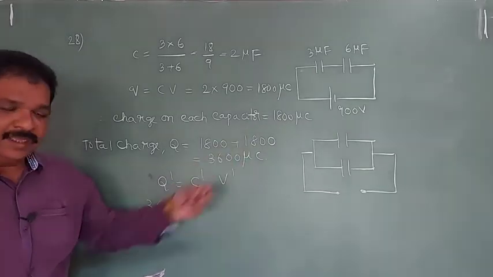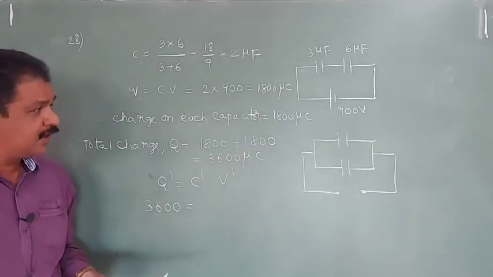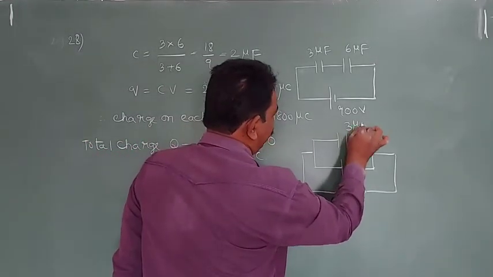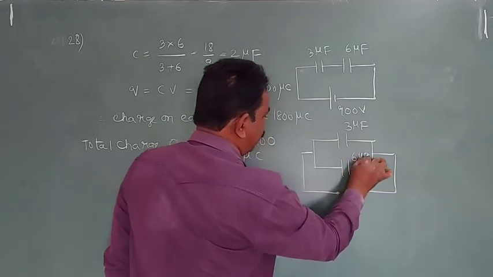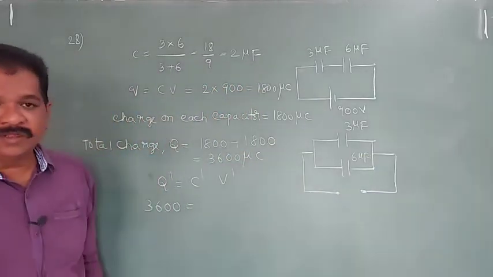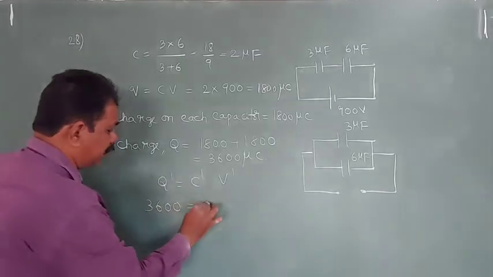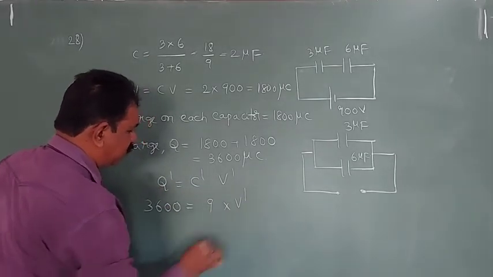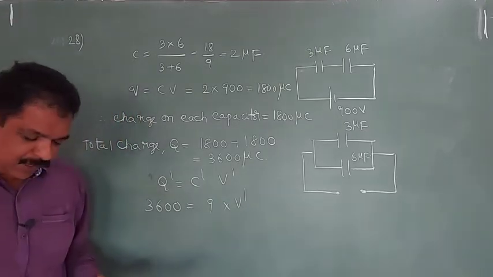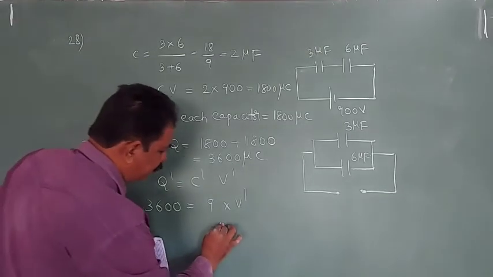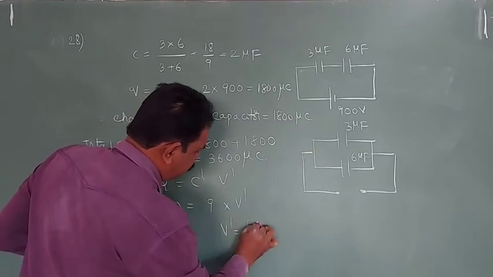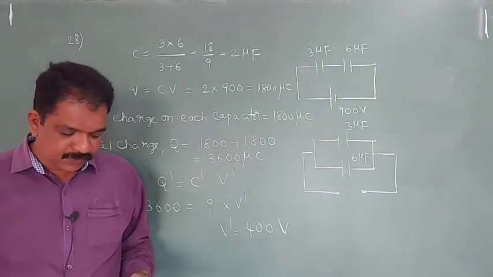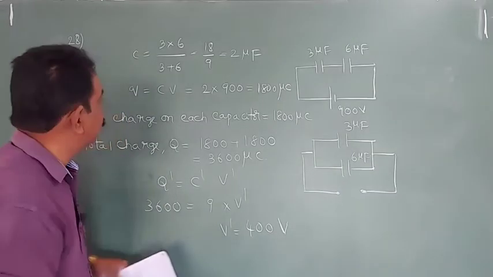C dash will be there in parallel, effective will be 3 plus 6. This is 3 microfarad, this is 6 microfarad. Effective will be 9 microfarad. Here micro will cancel, into V dash. If we calculate, V dash value will be 400 volt. So 28, it will be fourth option.